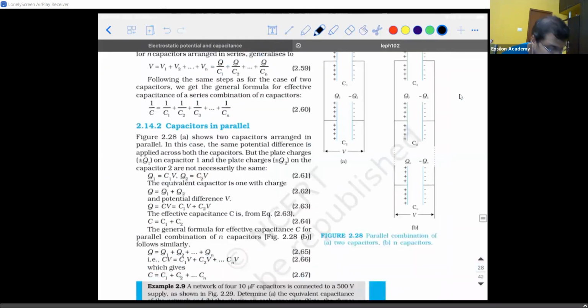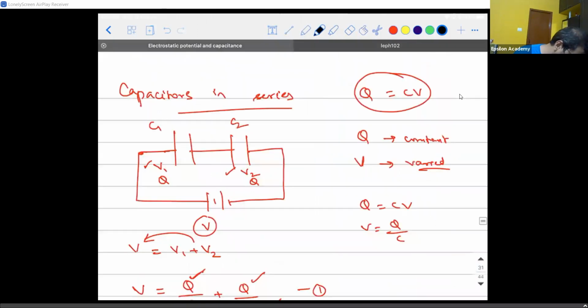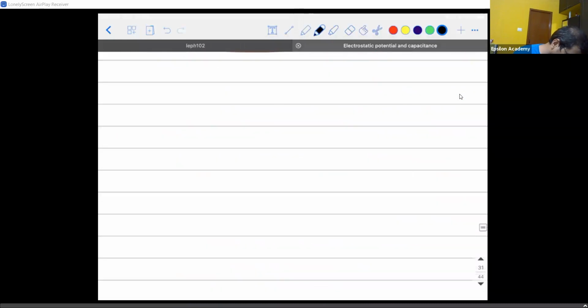Similarly, when do we say the capacitors are connected in parallel? That's the next topic, write it down. So when do we say they are connected in parallel, guys?